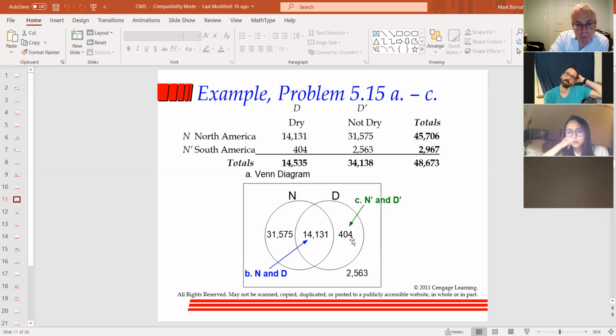What's this number? The number of dry wells in South America. Well, what's in the middle here is the number of dry wells that are in North America. This is the number of dry wells that are not in North America.